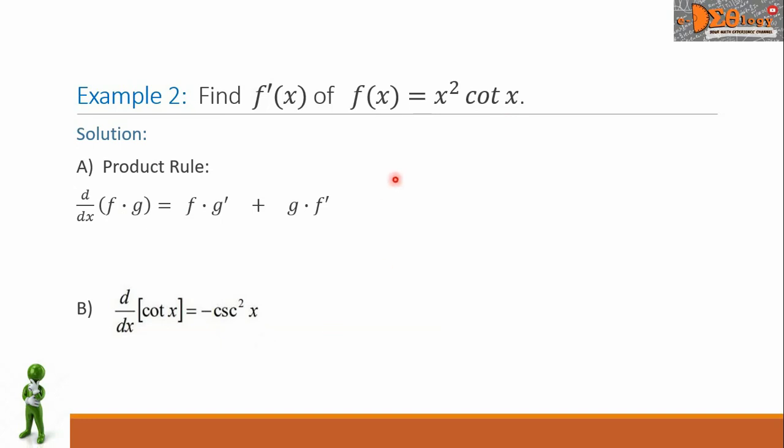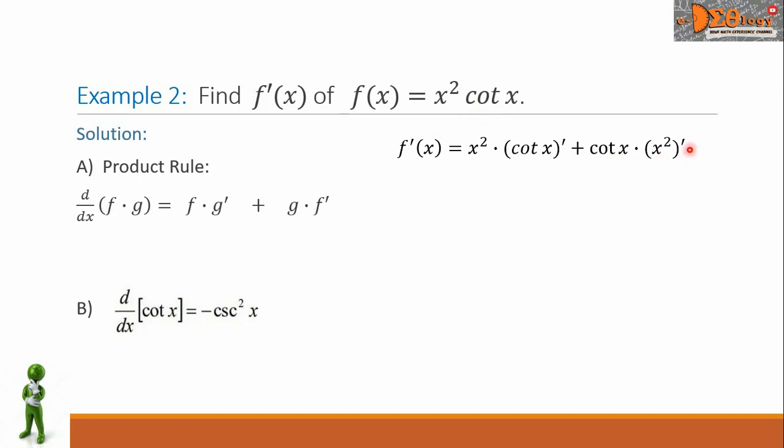For the computation of the derivative, we write now f prime of x equals, we copy this x squared here, times, we are going to show that we will take the derivative of cotangent x later. So we write cotangent x prime, plus we copy this cotangent x, it is here now, times the derivative of the first function, x squared.